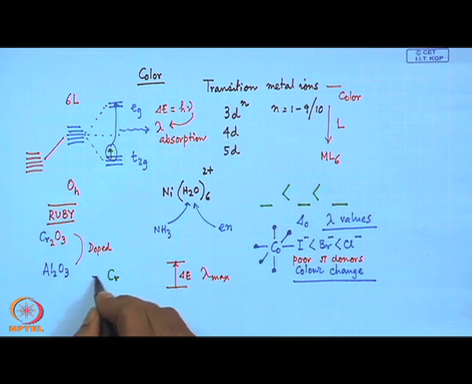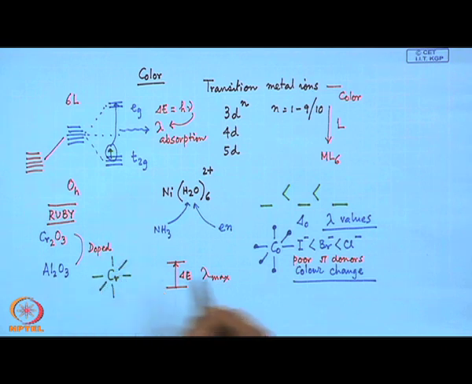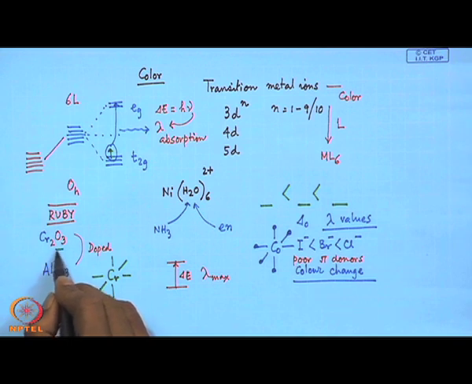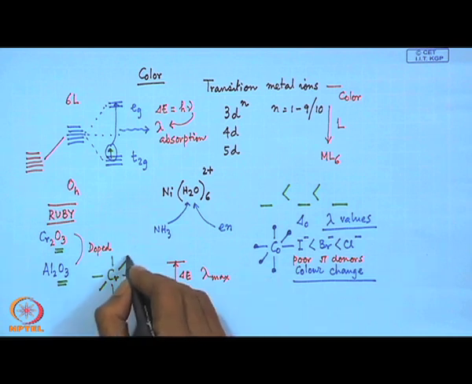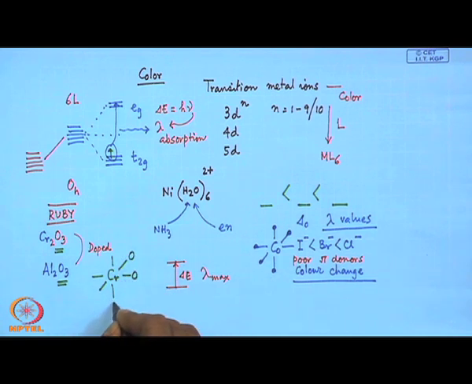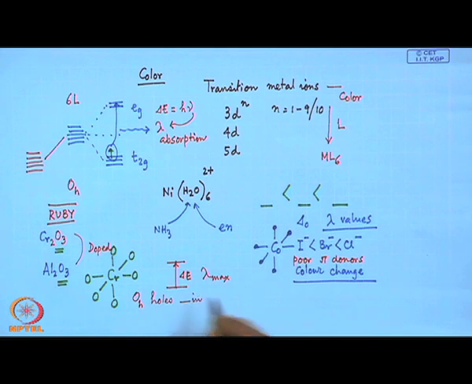Because with this chromium crystal field we have the environment of all these oxygens, since all the ligands around the alumina as well as around chromium are oxygen. So, we have a nice octahedral field made up of 6 oxygen atoms of the oxide lattice, because in the solid state all of them are filled with oxide lattices, and we can generate some cavities or holes in the solid state structure.